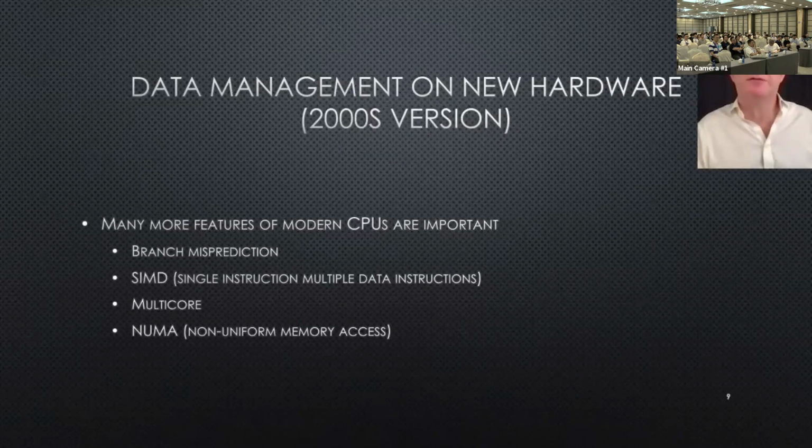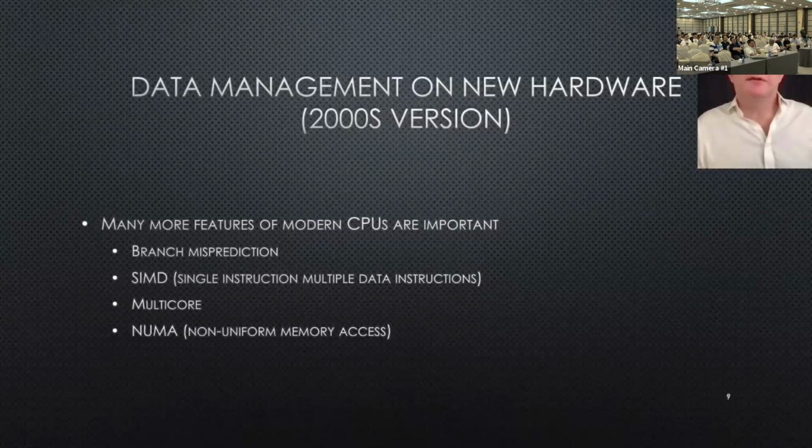They can predict which way it's going to go, and if they're right, the processor can run at full capacity, but if they're wrong, there's a flushing of the pipeline and a stall. And in some database workloads where branches can happen with a 50% frequency, you may have a 50% misprediction penalty, and as a result, you will have much slower performance.